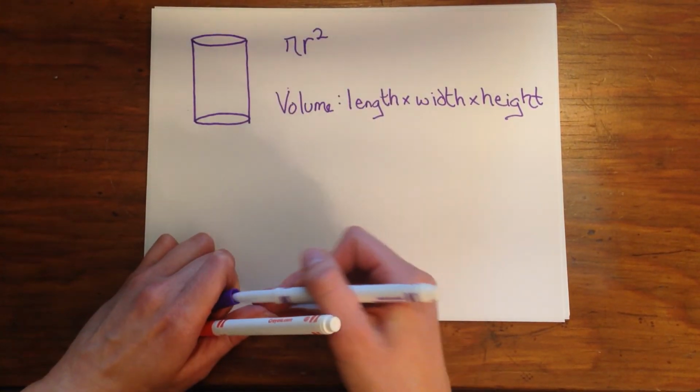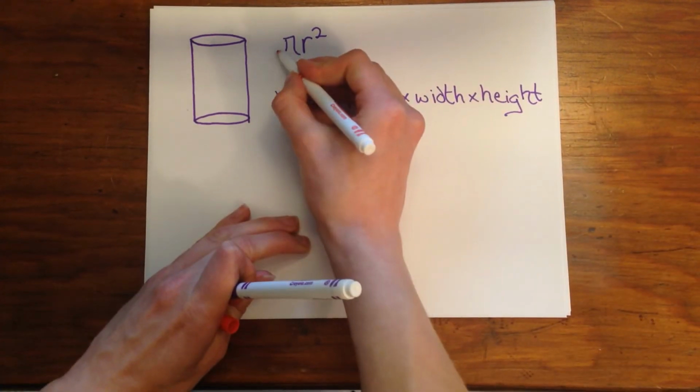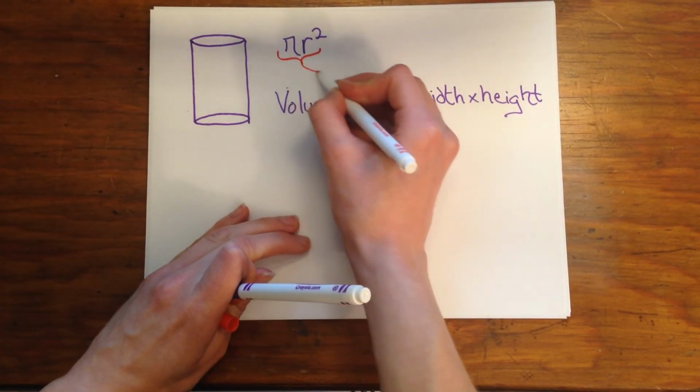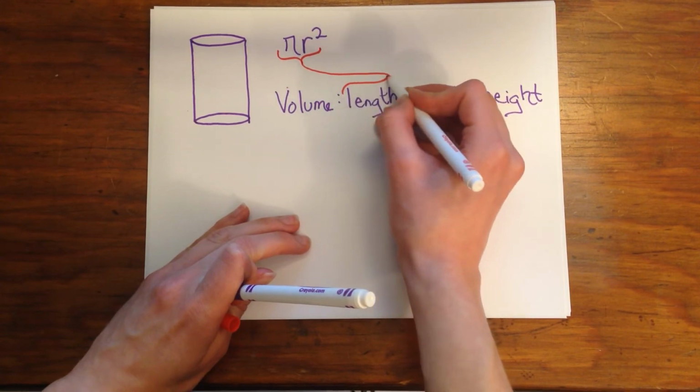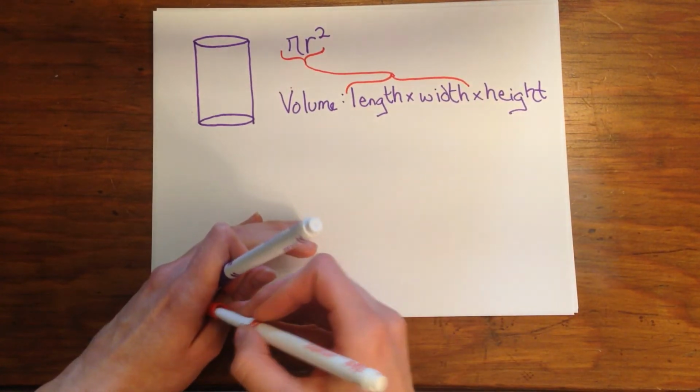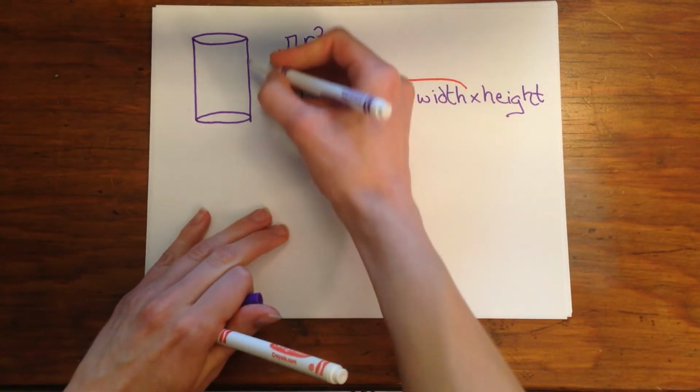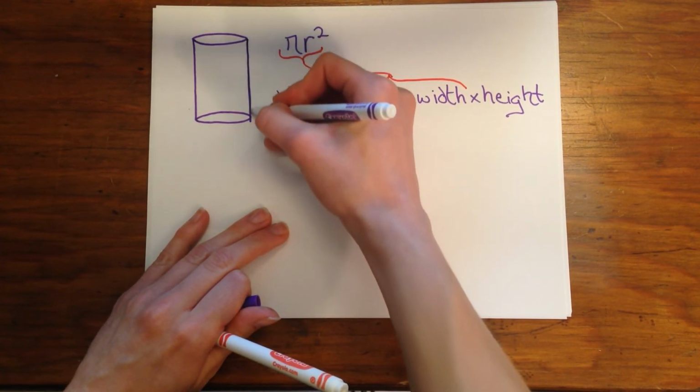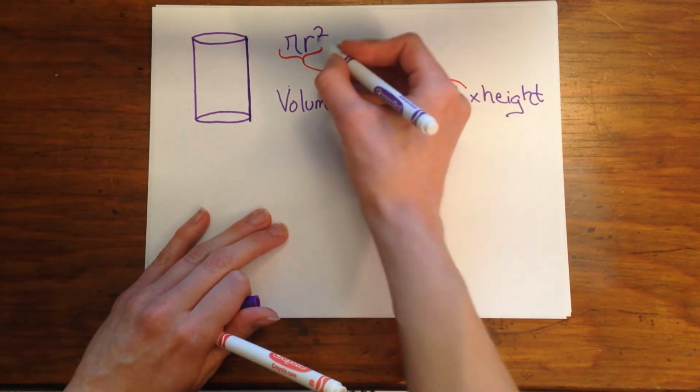So this portion right here refers to this portion. Then, to find this height, this is going to count as our height right here.